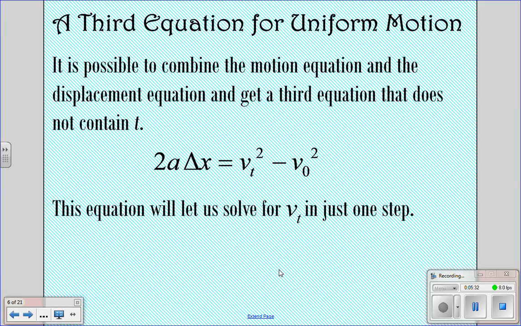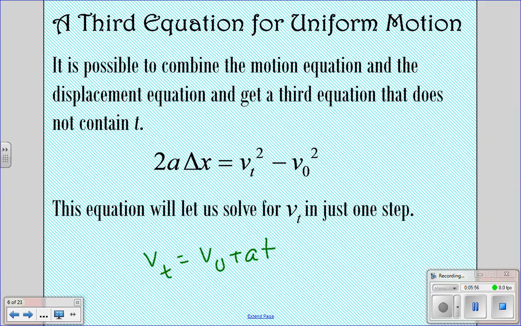But they use the motion equation, I'll write it down: V sub T equals V sub O plus AT.